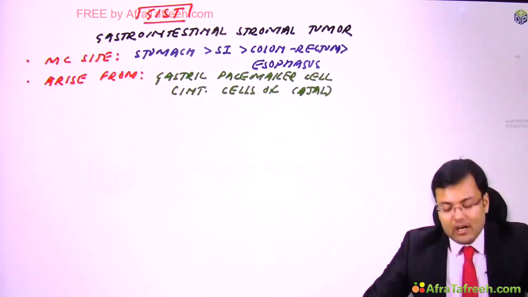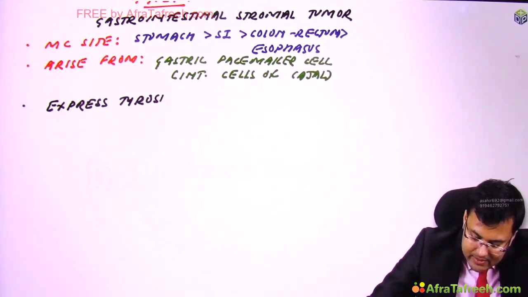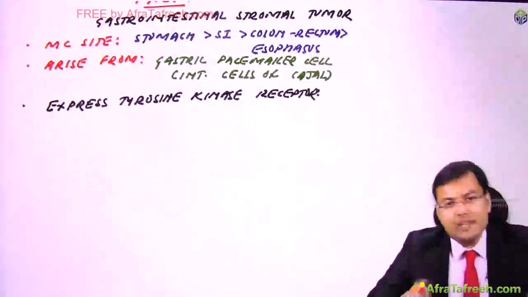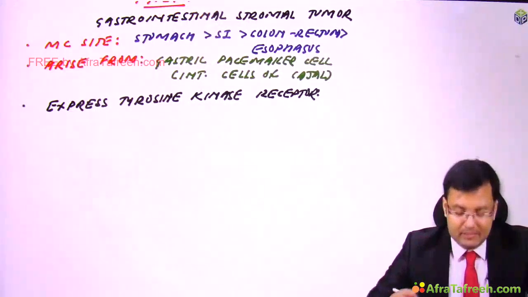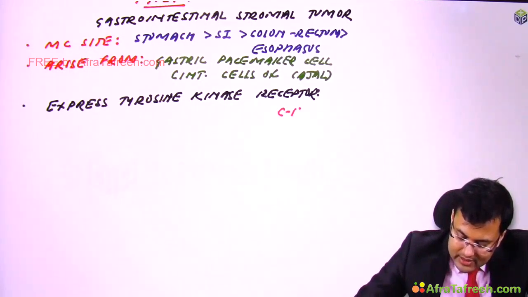Interstitial cells of Cajal. You know, this tumor is going to express tyrosine kinase receptor. Tyrosine kinase receptor. Be careful. Whatever I'm telling you about this tumor, each and every statement is having minimum one MCQ. So express tyrosine kinase receptor, and that's c-KIT.